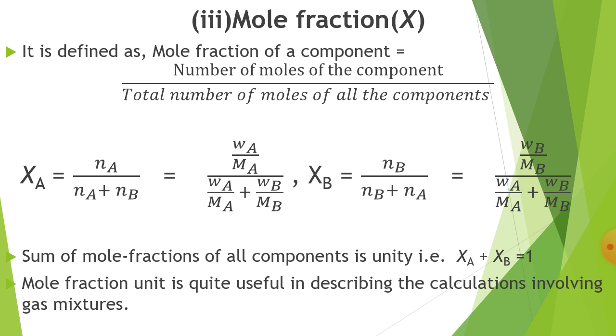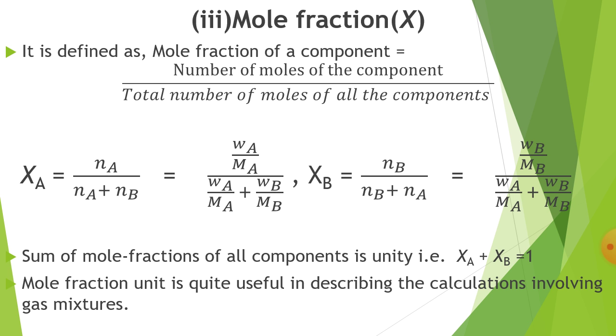Here I take the example of a binary solution containing two components, A and B. Then the mole fraction of component A, that is XA, where X is mole fraction and A is the component, is equal to the number of moles of component A divided by the total number of moles of components A plus B.